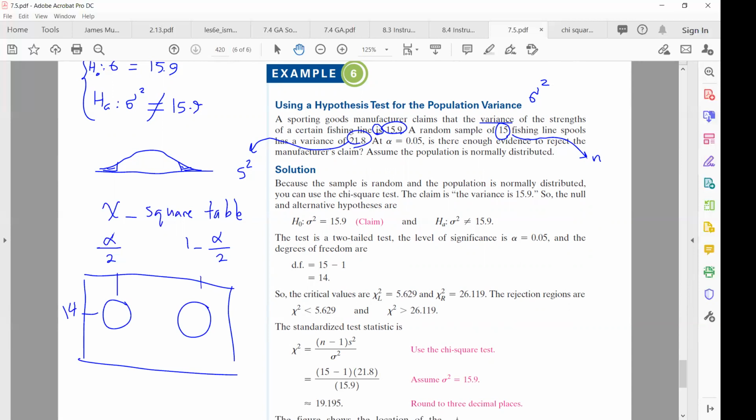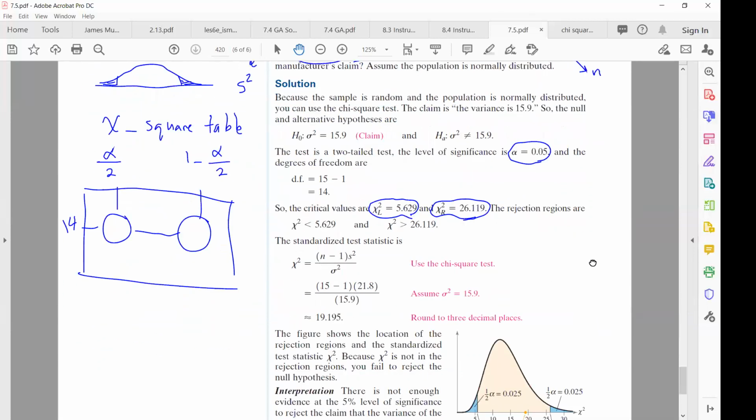Then we have to find the intersection between the degrees of freedom, alpha over 2, and 1 minus alpha over 2. Your alpha is equal to 5%. Very well. We take our alpha, we divide it by 2, then 1 minus alpha over 2. We find 2 critical values: 5.629 and 26.119.